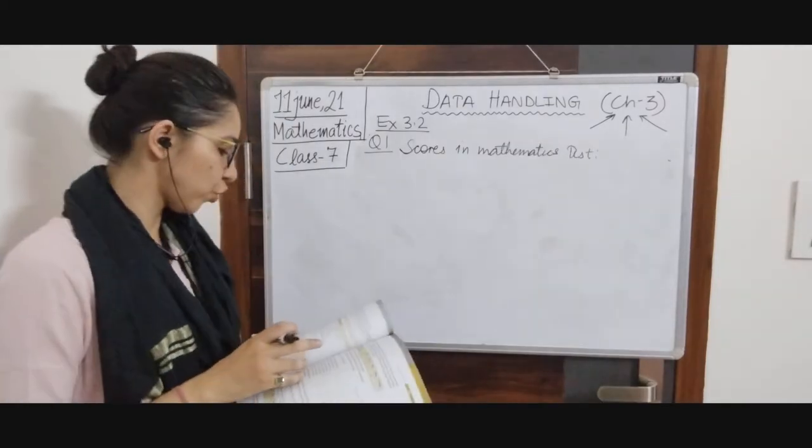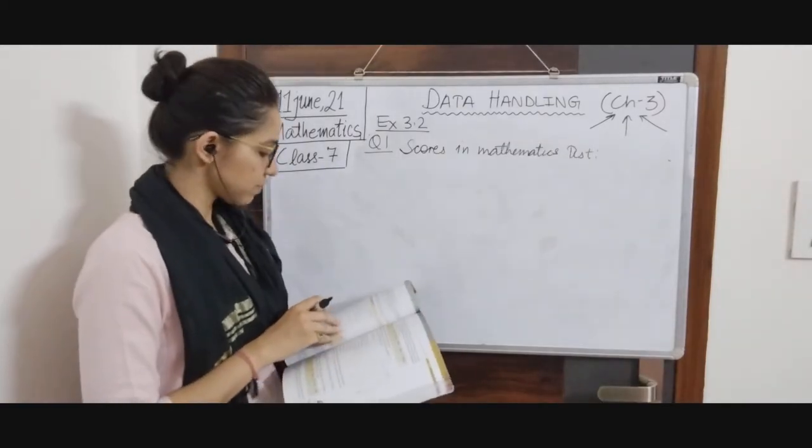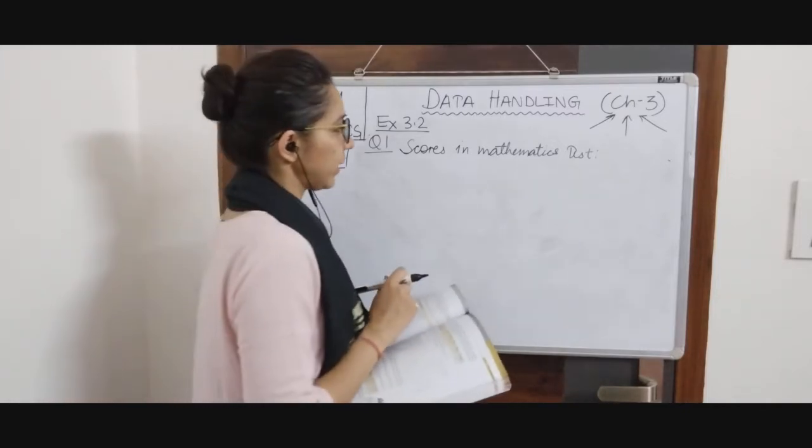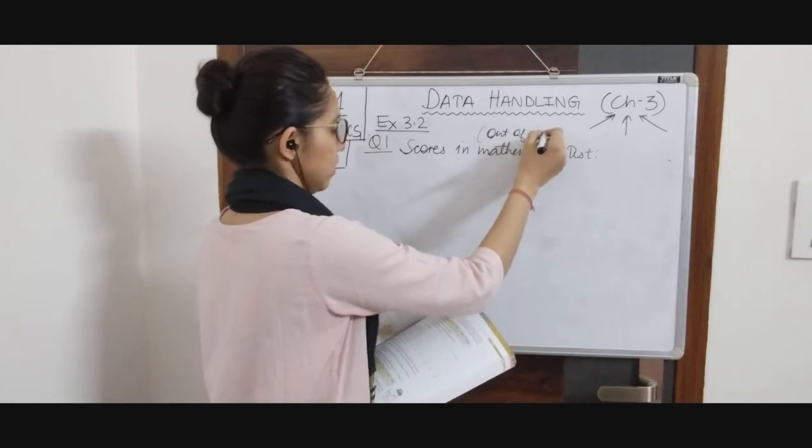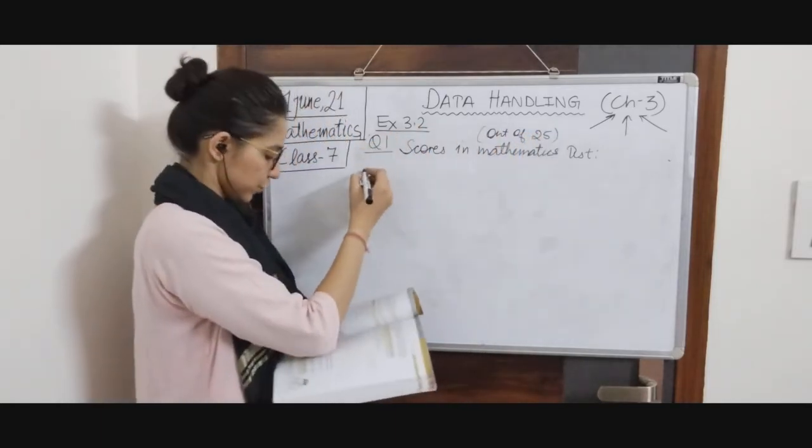Exercise 3.2, question number 1. The scores in a mathematics test out of 25 are as follows, okay?